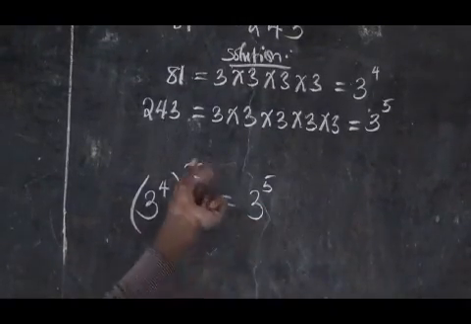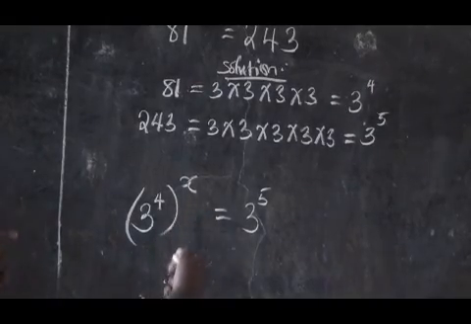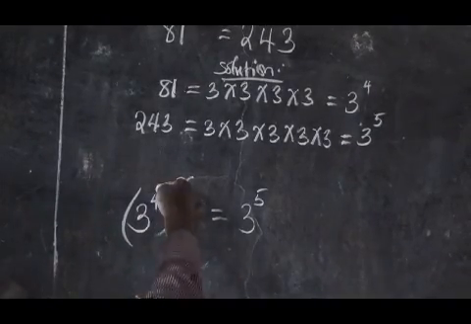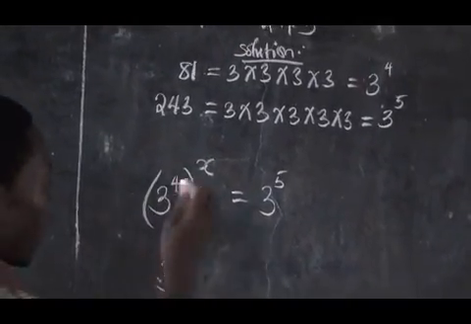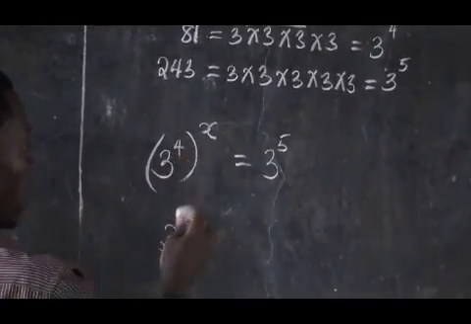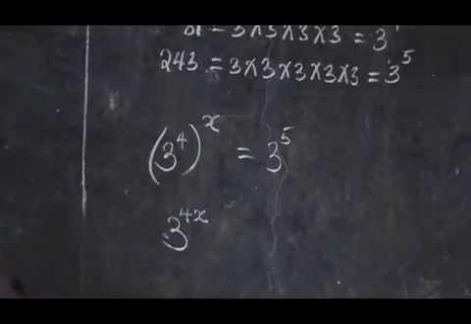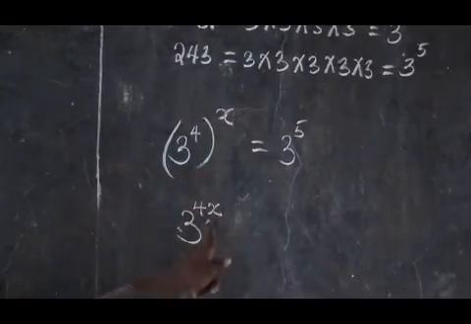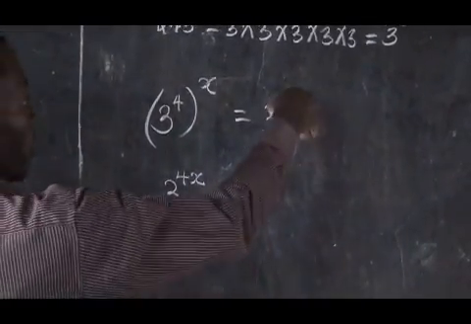Now we have simplified this one to this. Now here we know from the laws of indices that if we have a power inside and a power outside, we multiply the powers by maintaining our base. So we maintain the base 3 and multiply the powers, which will give us 4x. This one is going to be equal to 3 power 5.